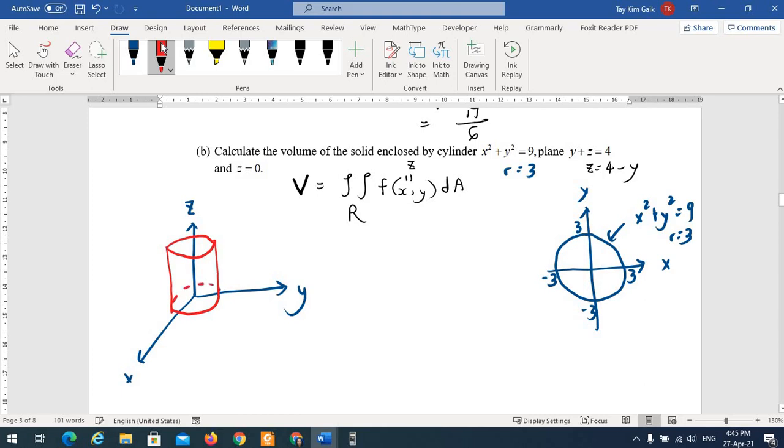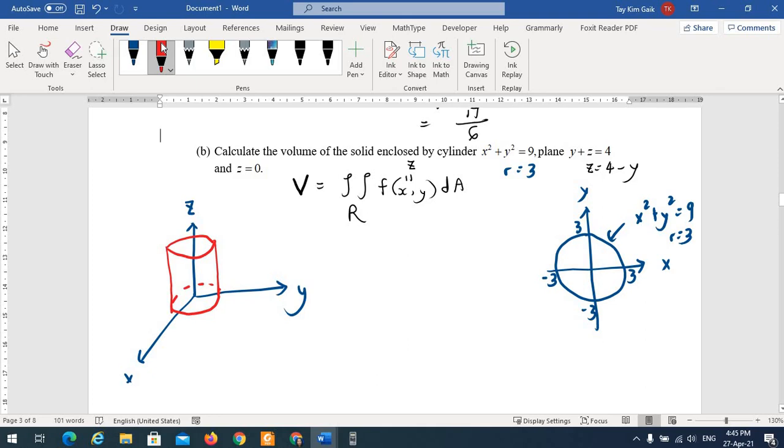In 3D the cylinder actually goes from negative infinity up to positive infinity. To find the volume, we must bound it.